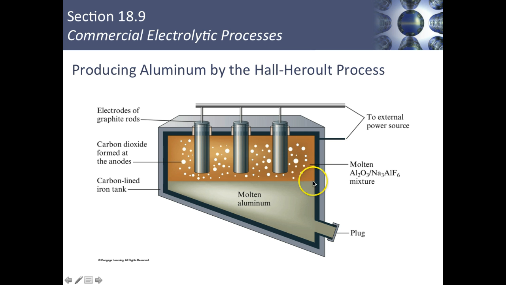And this is our mixture of aluminum oxide and this complex ion with sodium, aluminum, and fluorine. As this reaction takes place, the aluminum falls out into this tank, and we can actually extract it in a molten form.